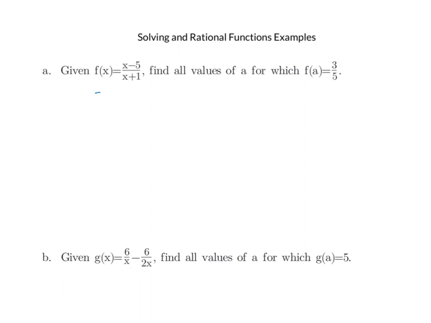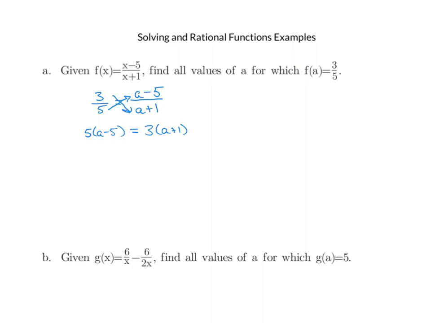I'm going to get 3/5 equals, remember we're replacing all of our x's with a's, a minus 5 over a plus 1. Okay, this is a proportion. So since we do have fraction equals fraction, I can go ahead and cross multiply. So if we cross multiply, we get 5 times a minus 5 equals 3 times a plus 1.